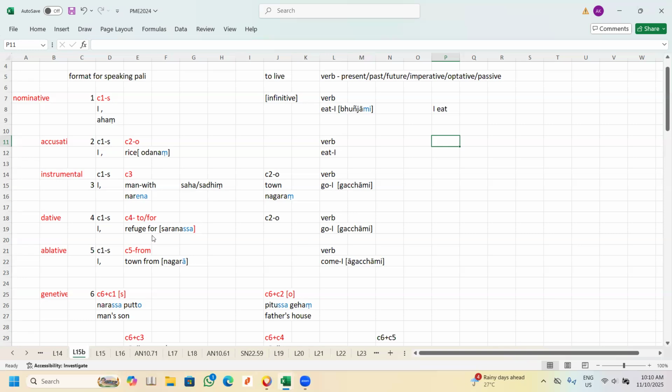You see, not "for refuge" first, but in the reverse way, I go for refuge. It's always like that. This is the pattern. So when you want to speak, you have to speak all in the reverse way. That means you have to remember the reverse way. But it is not going to be easy, because this is not your mother tongue.